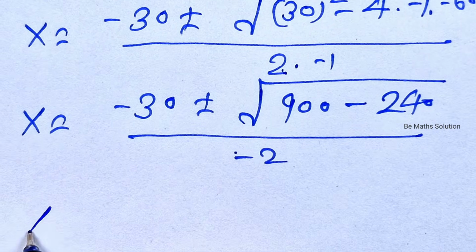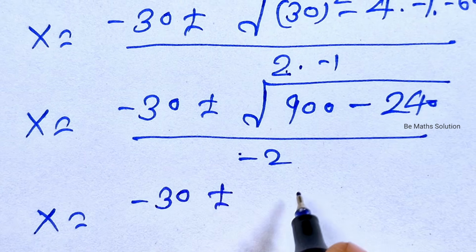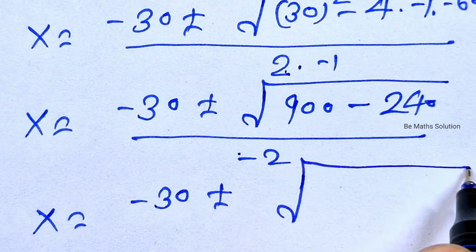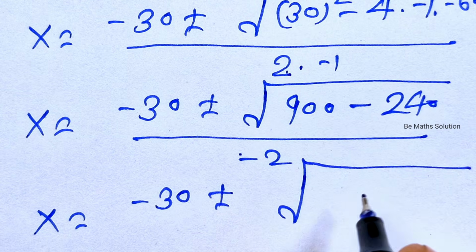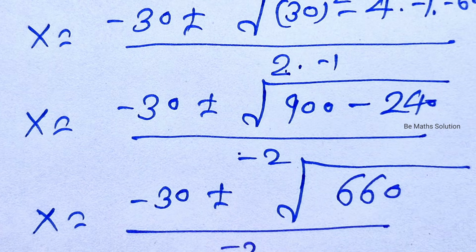Then it will be x is equal to minus 30 plus minus square root 900 minus 240, it is 660, over minus 2.